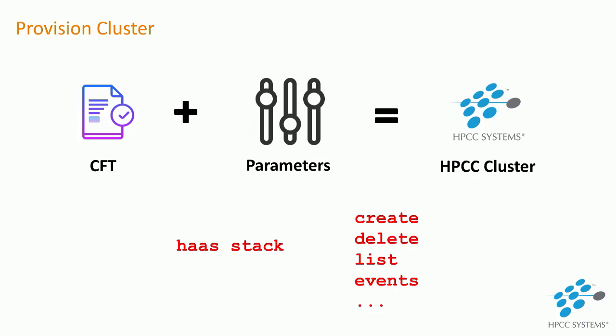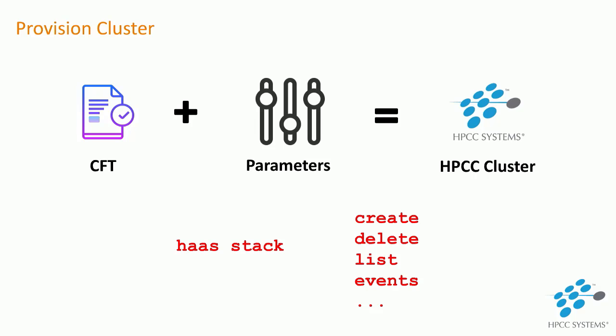And what you provide to that is a CloudFormation template and a whole bunch of parameters. The AMI, the number of Roxy nodes, the number of Thor nodes, all those different configuration parameters you want to configure. And then you say create, and it will create all these resources in AWS. And after several minutes, it'll come back and say everything's been done.